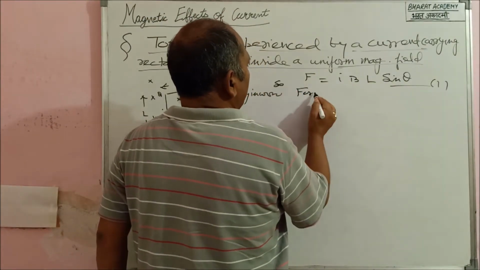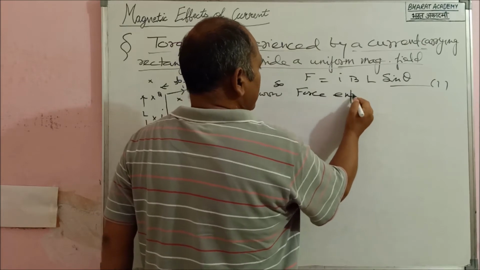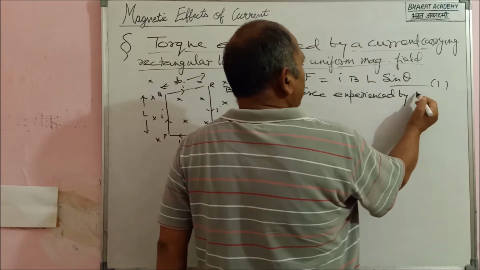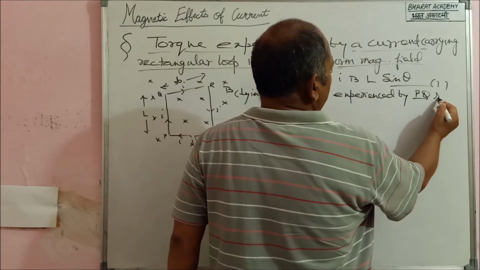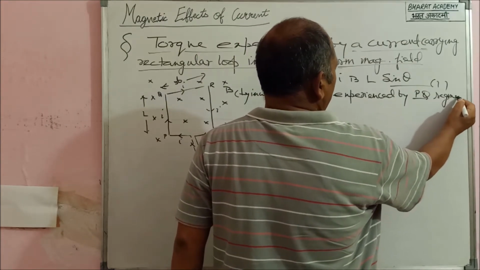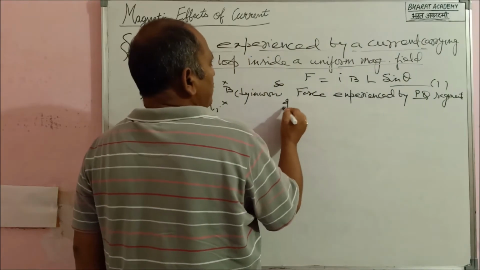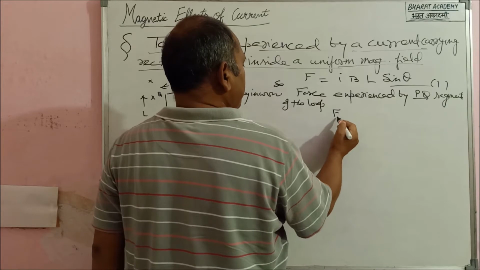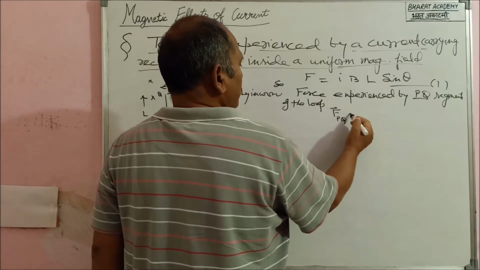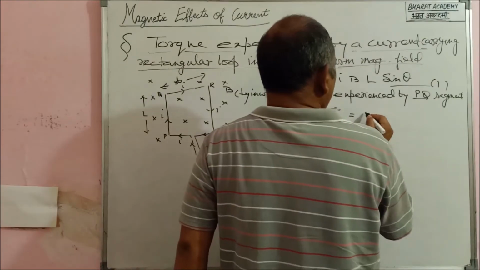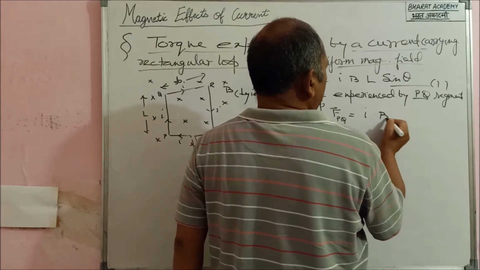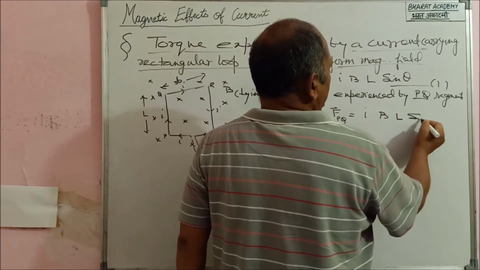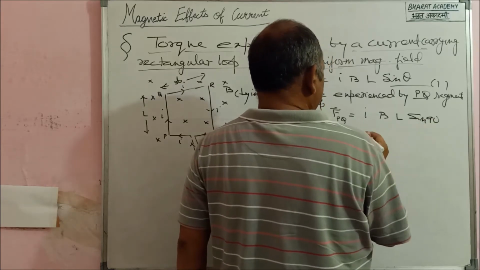So force experienced by PQ segment of the loop, FPQ. What will be FPQ? Formula says current I, magnetic field B, length is L and it is placed perpendicular so sin 90, right?